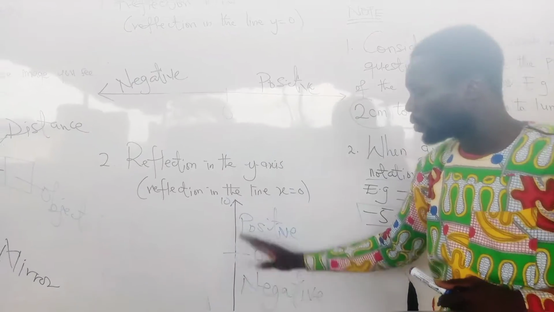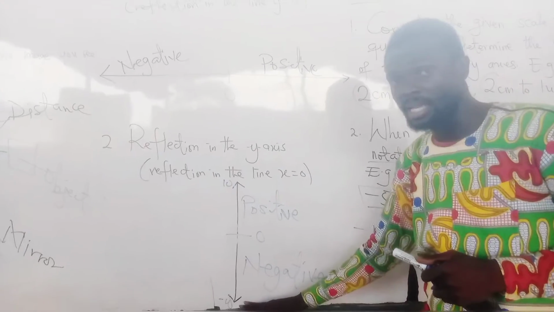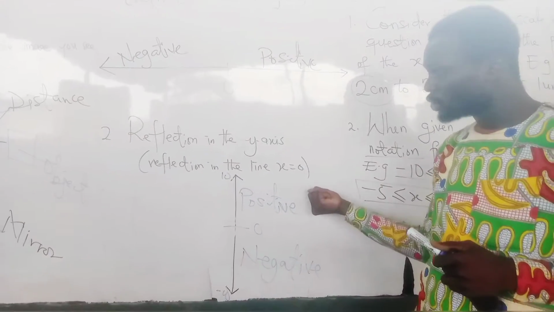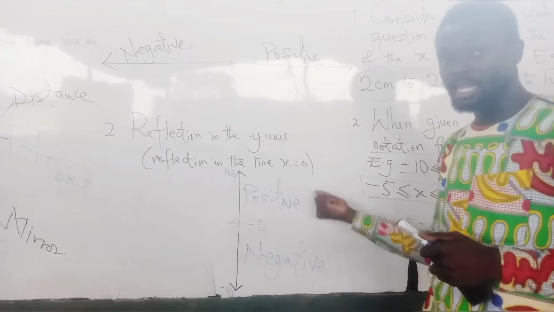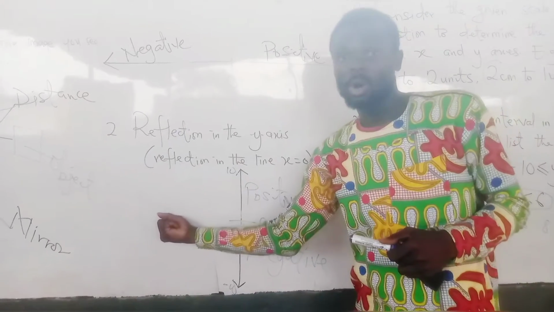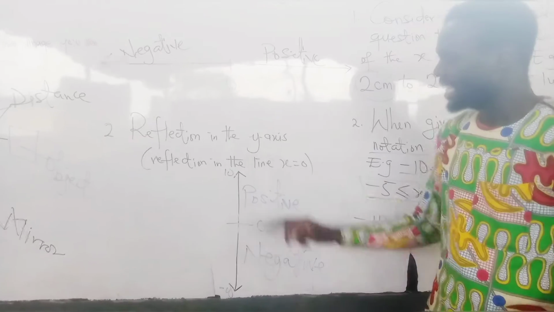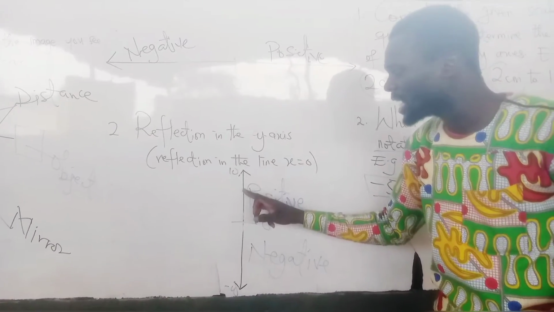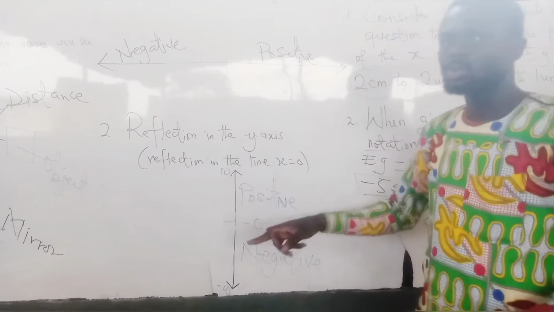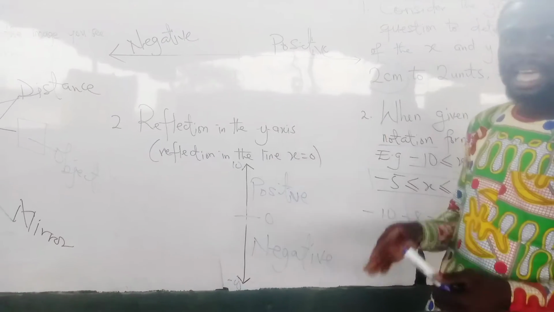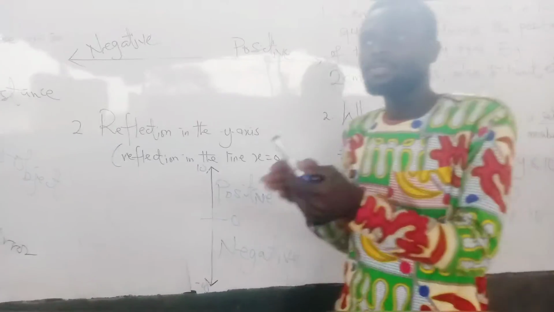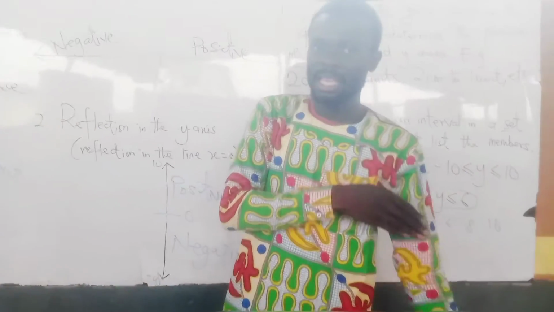Also, using the y-axis as your mirror line, if your object is here, then the image is going to be on the opposite side of it. And know that the distance from the mirror to the object is the same distance from the mirror to the image.